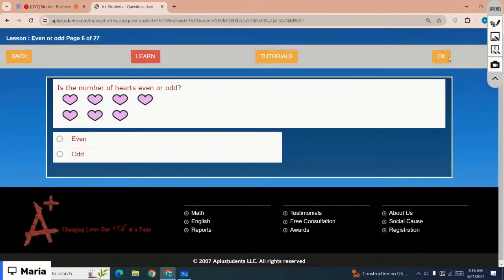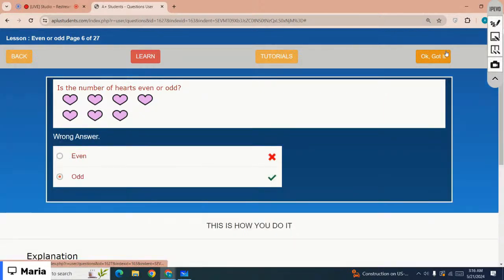Is the number of hearts even or odd, which is the correct option? They are even. The correct option is even. Sorry, odd, not even.